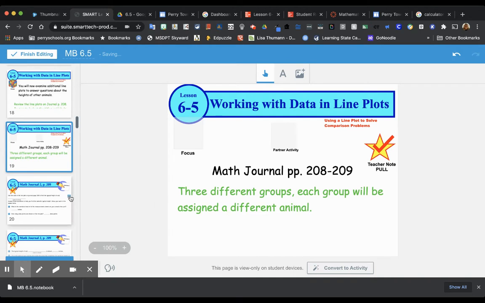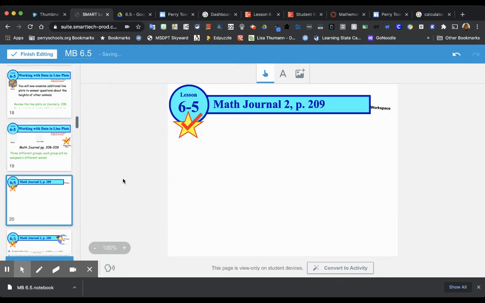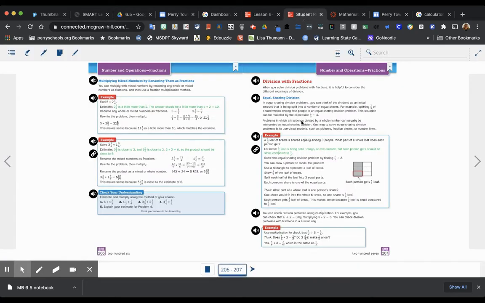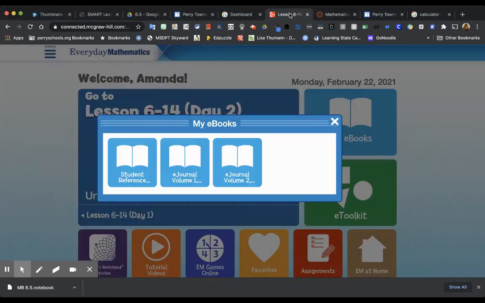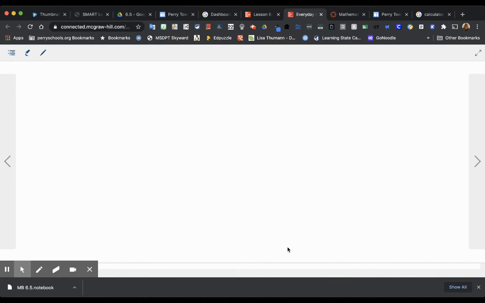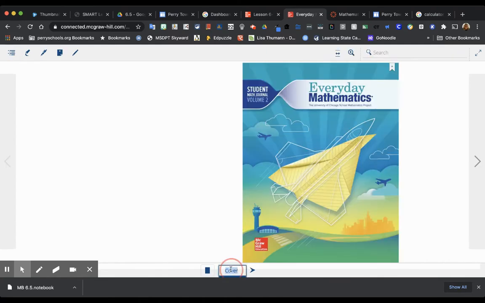We are going to focus on one today. So if you take a look at this, once it loads, and while that's doing that, I'm going to go back to our journal, and I will find this to show you what you're working on.